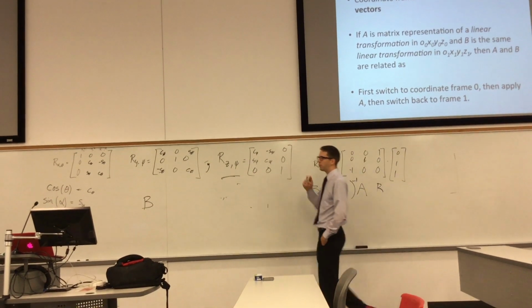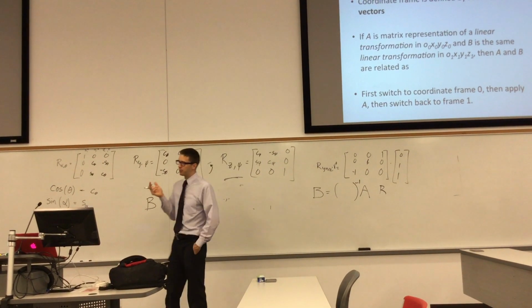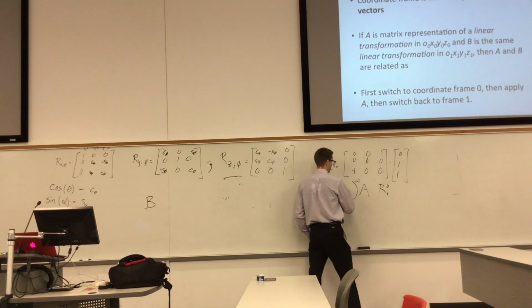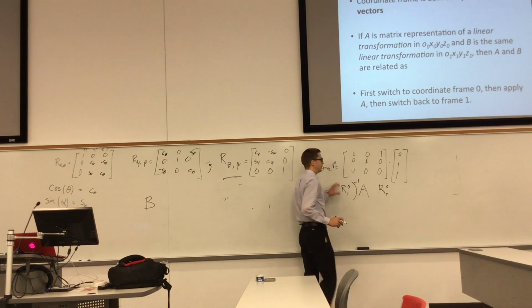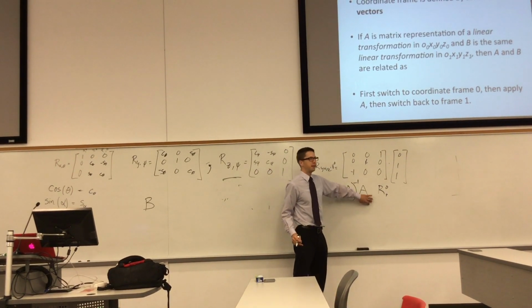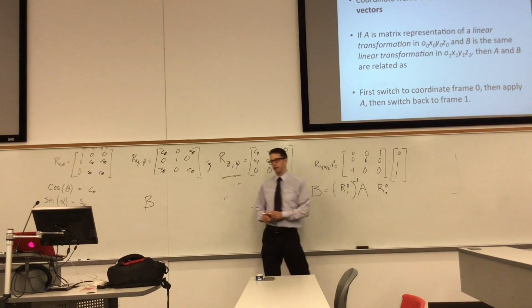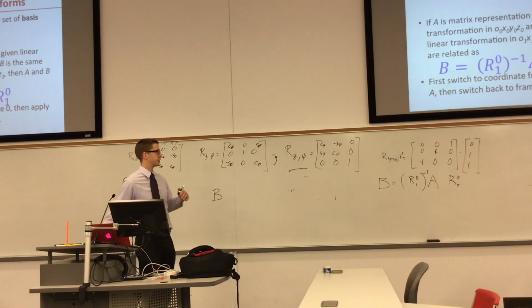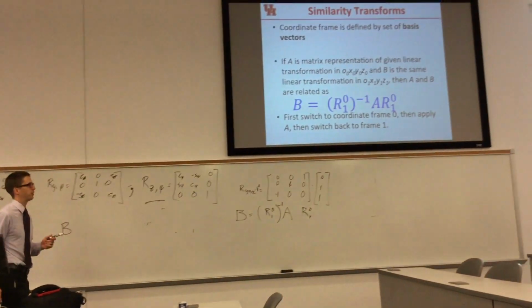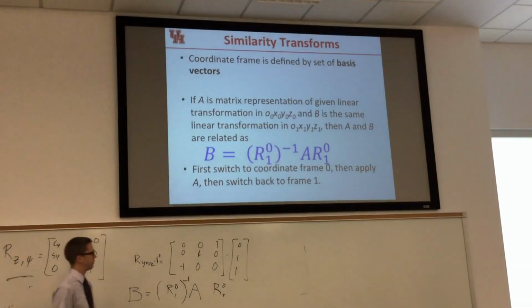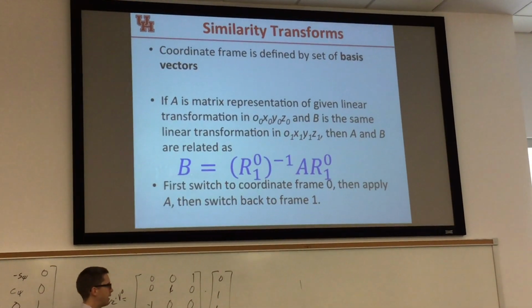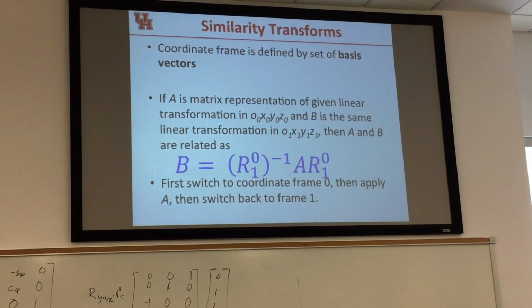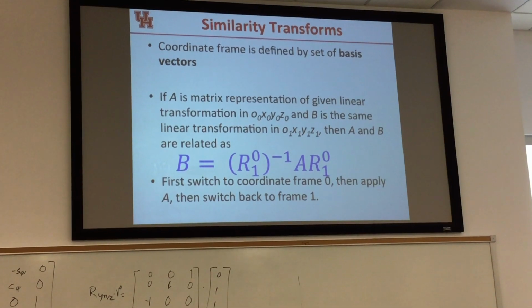So first I'm going to invert that, and the transformation between those two is going to be R1,0. Take the inverse of that, apply the transformation, and then translate it back into my coordinate frame. So we're first switching into the coordinate frame where A would apply, applying A, and then switching back so that we're in B. I want you to remember this because this is something that we're going to be doing.